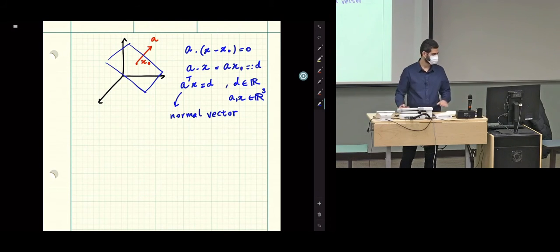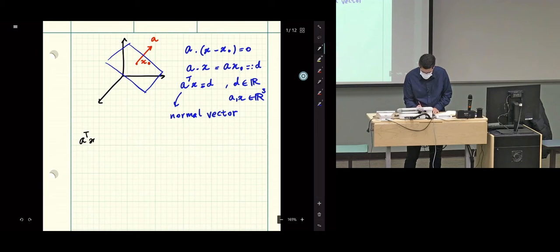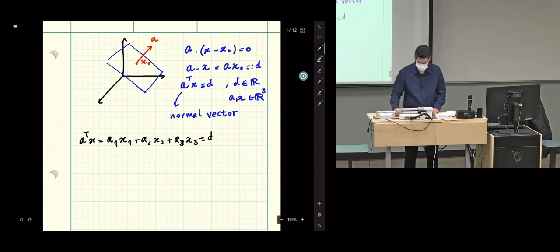The plane can continue to infinity. All right, so A transpose x means A1 x1 plus A2 x2 plus A3 x3 equals a constant.